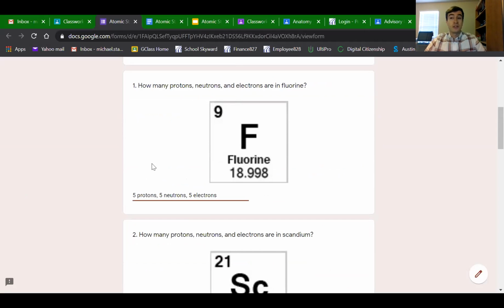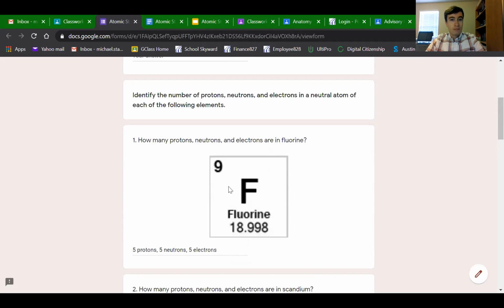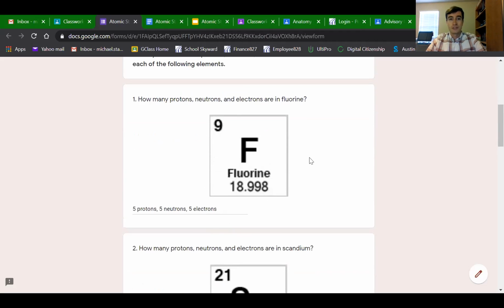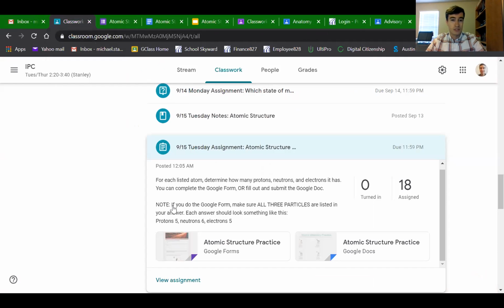If you want to do the Google form version, the one that looks like this, all you have to do is physically write out how many and which particle you're talking about for each one of these elements. They're all the same elements and have the same information in them. But this way I didn't have to make 3 separate questions for every single one of the little pictures of these boxes. I think if you look at the classwork on the Google Classroom, it'll say the same.